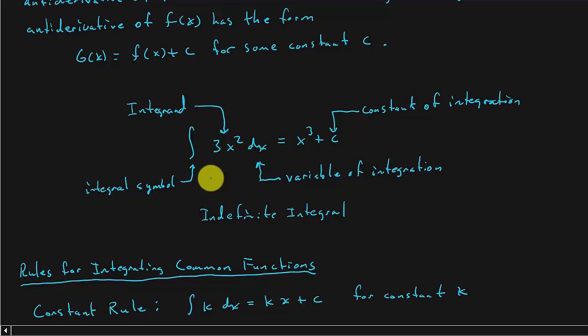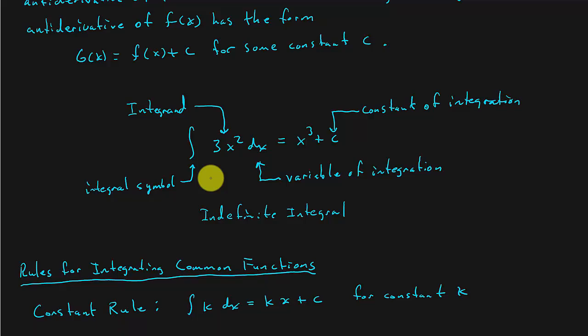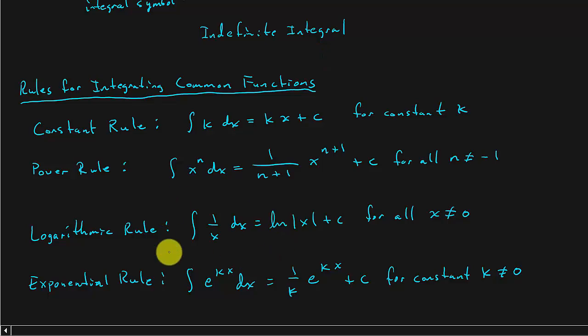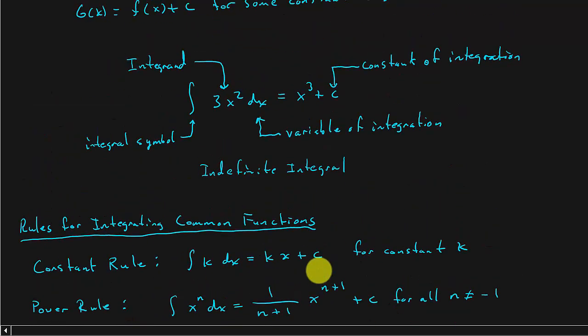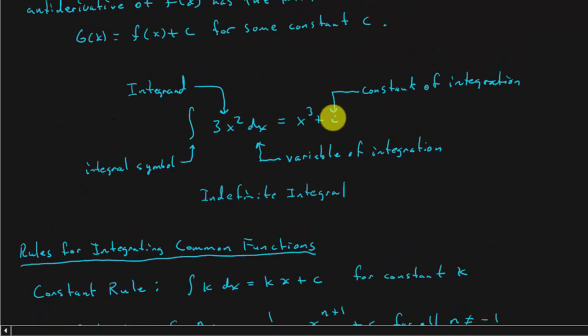All right, so whenever we integrate, and we're fixing to have some rules here that tell us how to integrate functions, you have this plus c, plus a constant. Now, c is some number.